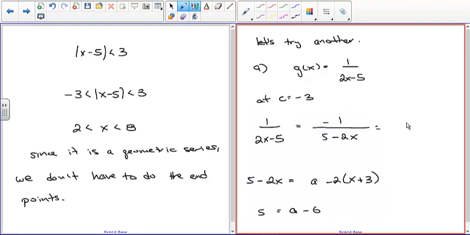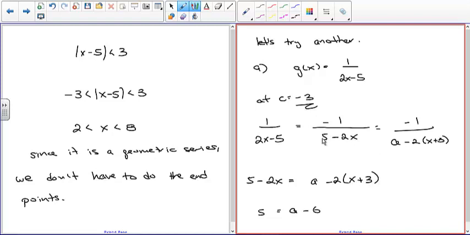So what I'm trying to do is have -1 over a minus 2 times x plus 3. And the reason I chose x plus 3 is because I'm centering it around c equals -3. So whatever this c value is, you need for this to be x minus this value.